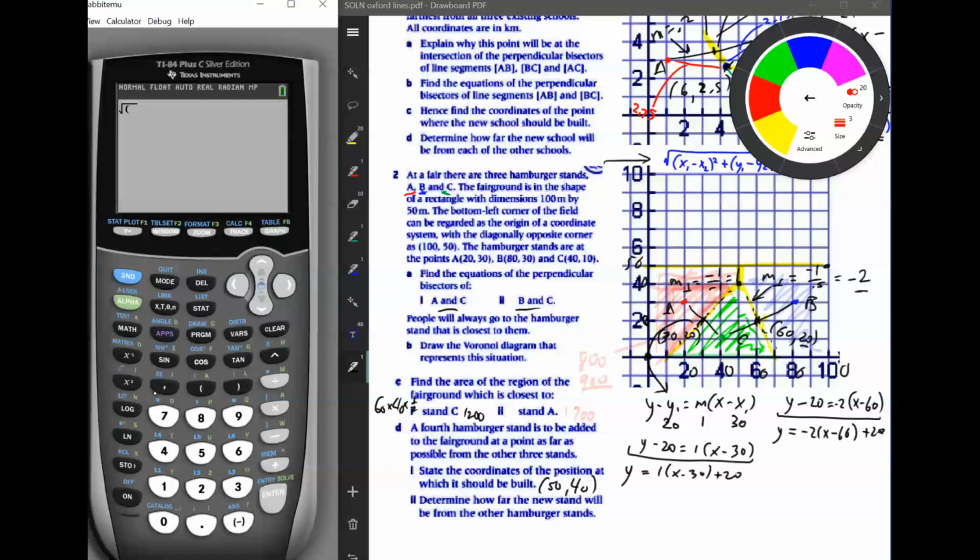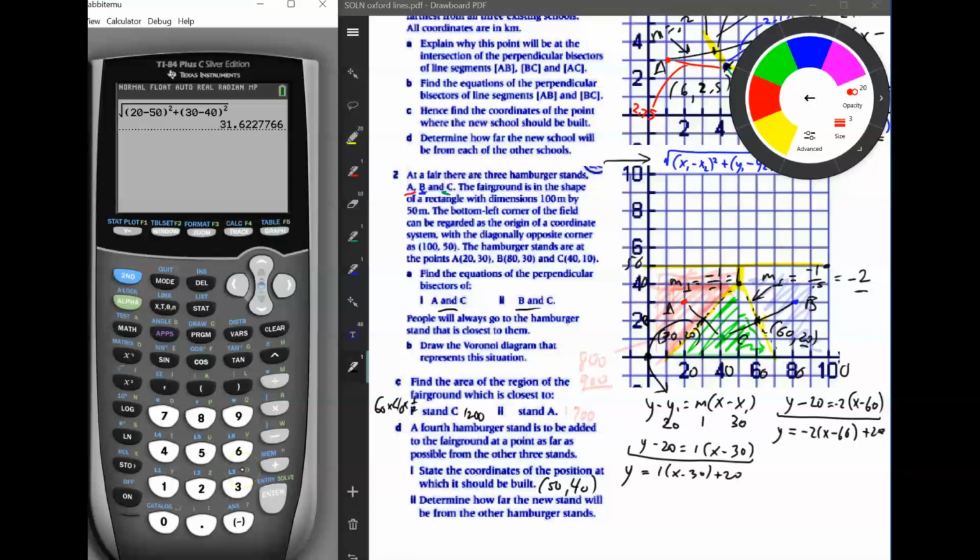Okay, and red is 20, 30, right? 20, and then now we're going to put the x-coordinate of black, which is 50. Remember, x1 minus x2 squared. Then we're going to add that to the y-coordinate of red and the y-coordinate of black. The y-coordinate of red is 30, and the y-coordinate of black is 40. So 30 minus 40 squared. And then we'll hit enter.